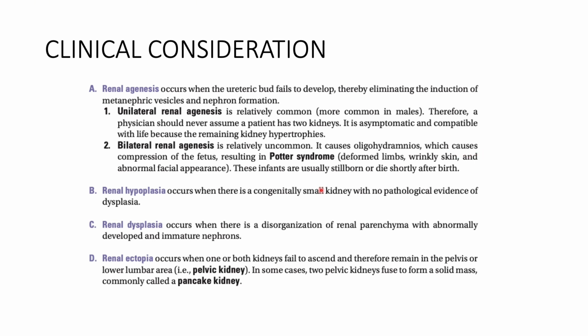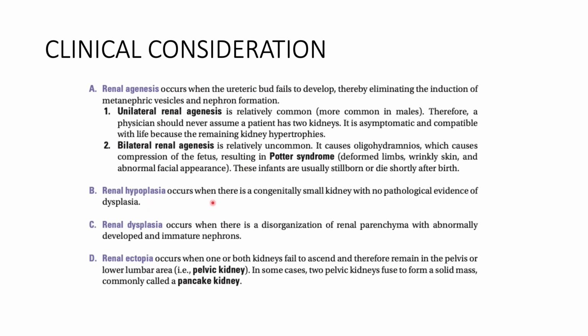This causes compression of the fetus, resulting in Potter syndrome, which is characterized by deformed limbs, wrinkly skin, and abnormal facial appearance. These infants are usually stillborn or die shortly after birth, so you won't find them walking about.